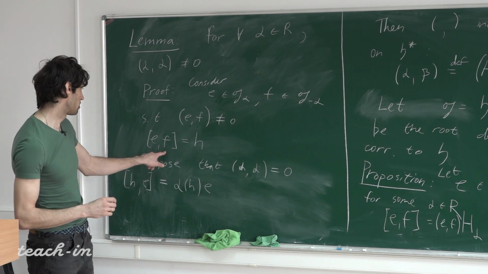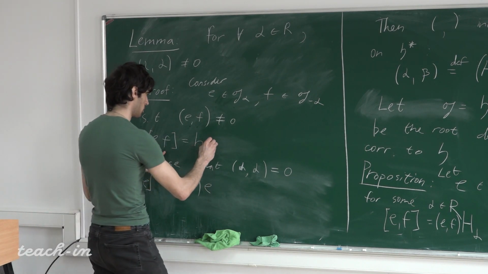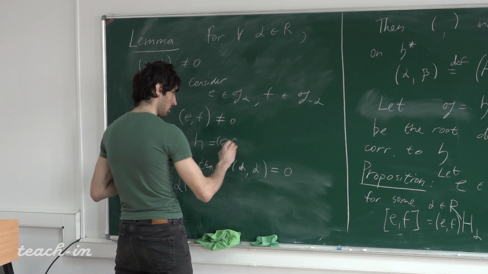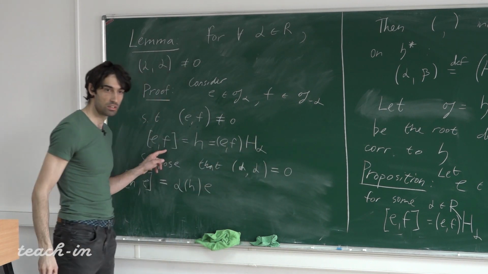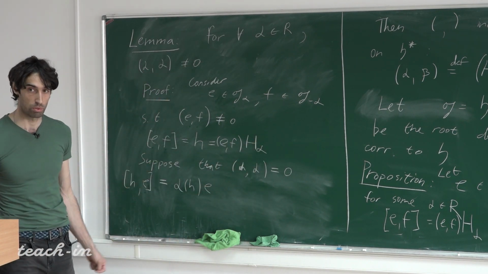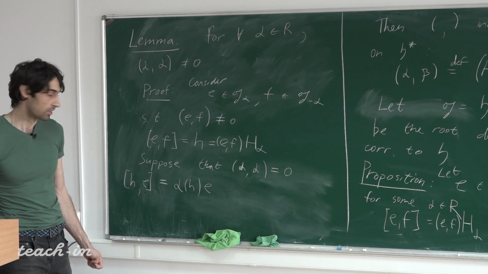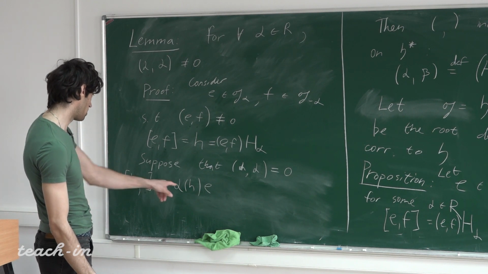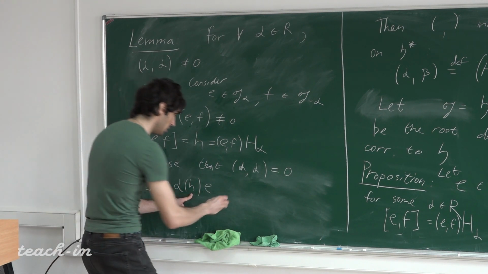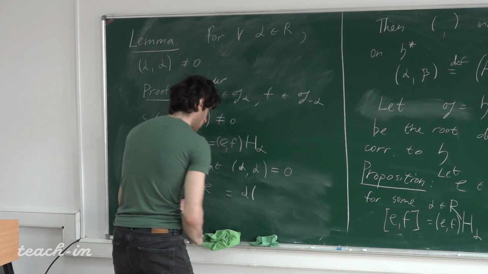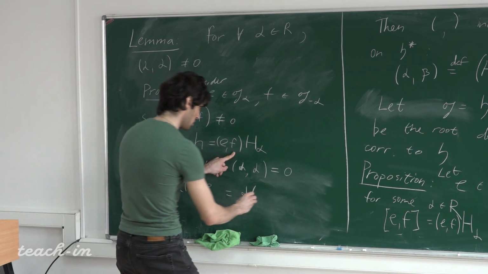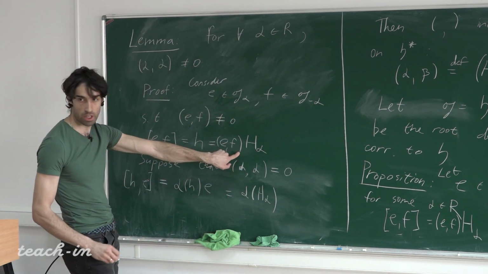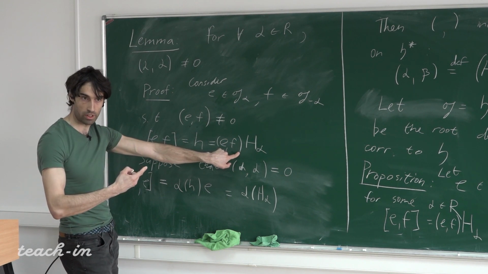Why? Because we know that E with F is this, by the proposition that we proved before. Therefore, let me just plug it in here and see what happens. I have alpha of this, so I have alpha of H alpha, and then this is some number that I can factor outside.